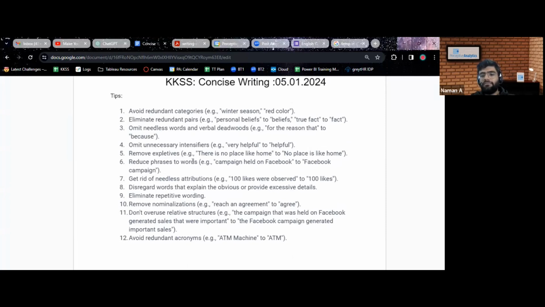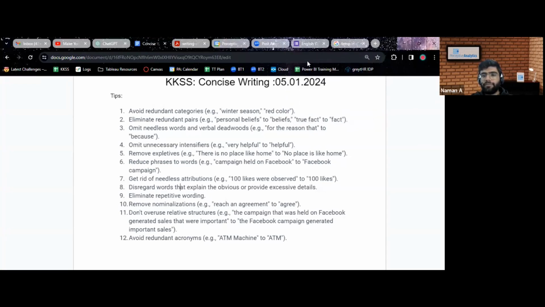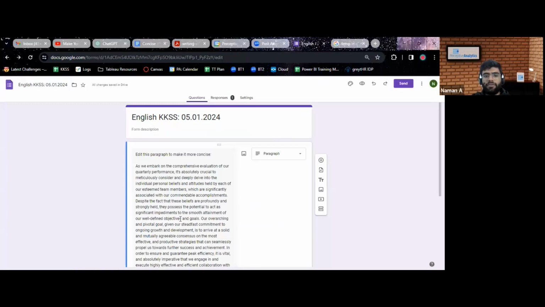So we can take 10-15 minutes and edit that paragraph to make it shorter and more crisp, and not have a lot of non-required words in it. So yeah, I'll share the Google form which has this paragraph, and the tips on the screen so that you guys can refer to it. Maybe we can take 10-15 minutes to do the exercise.